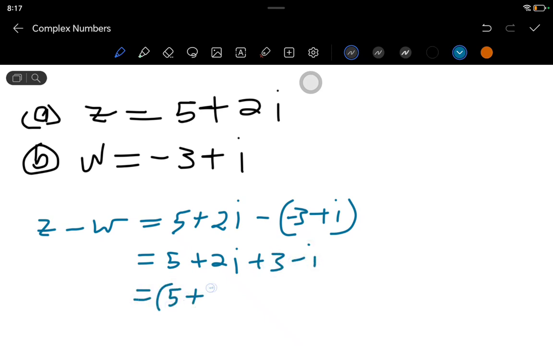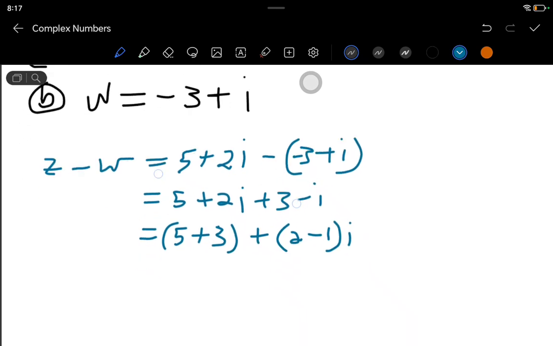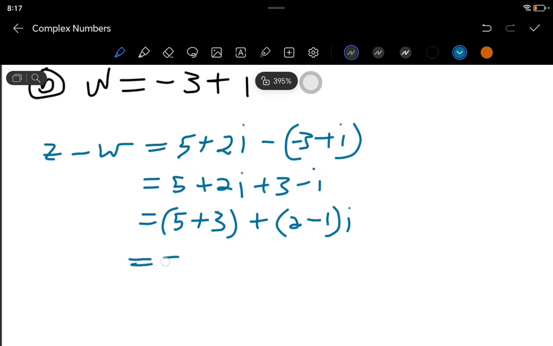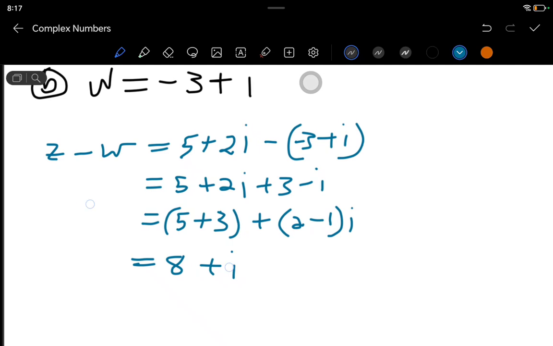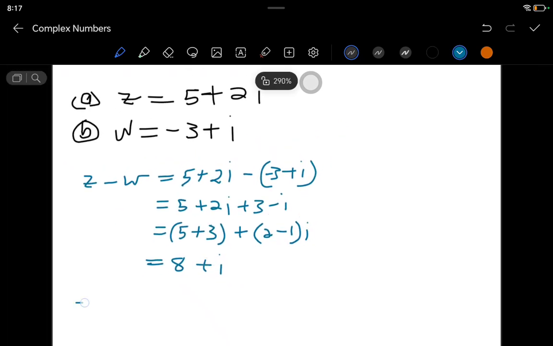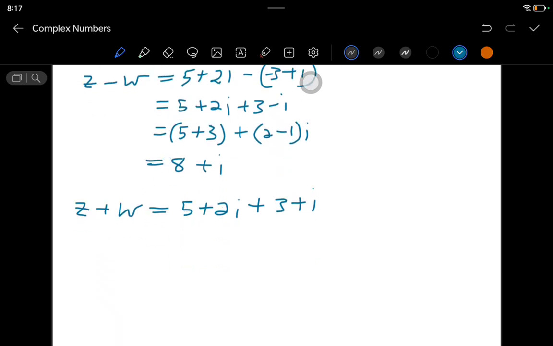This will be 8 and this will just be i. This would be the same if I add them: 5 plus 2i plus 3 plus i. Then I put them together, 5 plus 3, plus 2 plus 1 with the i outside. Then this is 8 plus 3i.